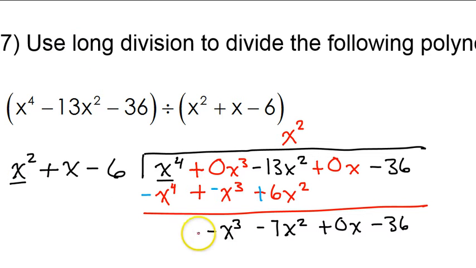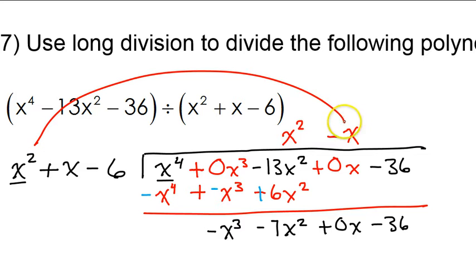So again, I look at the first term of each expression. So x squared times what is negative x to the third power? Well, x squared times x would make x to the third power. But since I want it to be negative, I'll make it a negative x. So now I will take my negative x and do the distributive property with it.